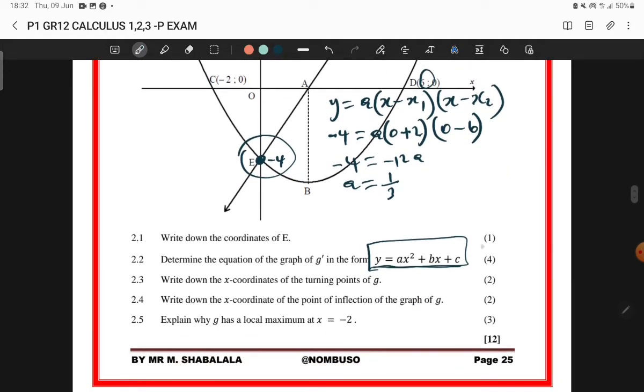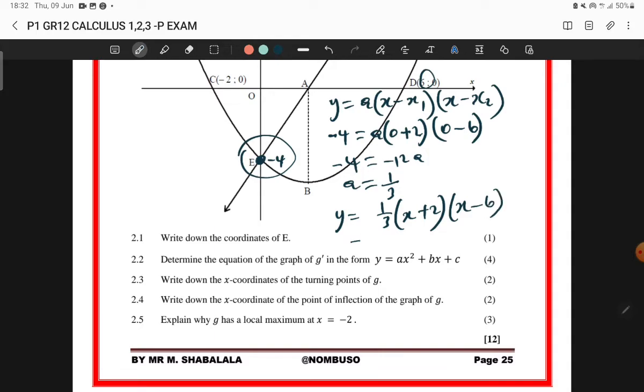Now continuing using our function, we have y is equal to 1 over 3 into x plus 2, then x minus 6. Then this is equal to 1 over 3 times x squared, then minus 6x, then plus 2x, then minus 12.